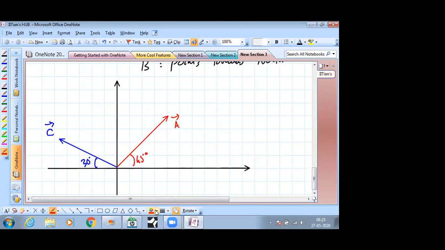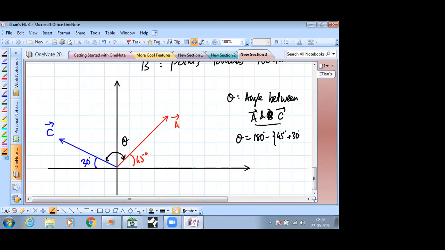Now we are interested in this particular angle. This is the angle between E and C, this angle theta. That angle theta we can see is 180 minus the sum of 45 and 30, so that's 105 degrees.